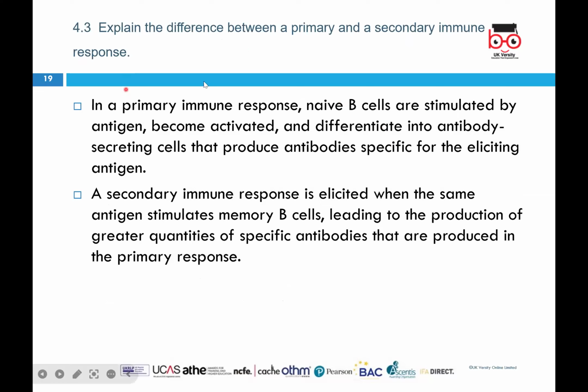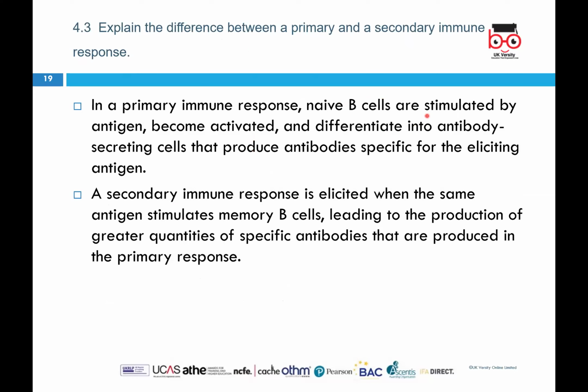So what's the primary response? In a primary immune response, once there's an antigen, the B cells become stimulated. The B cells are living there in the body, not activated at the time.